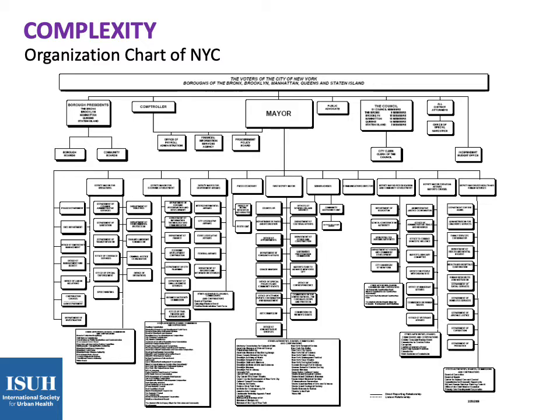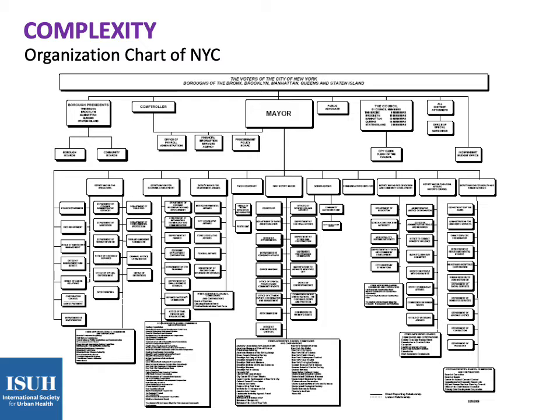New York City is a city that contains 5 boroughs, over 5 million individuals, and it has a significant amount of administrative areas. And because it is such a large and complex city, it requires a lot of different systems and organizations to manage it.